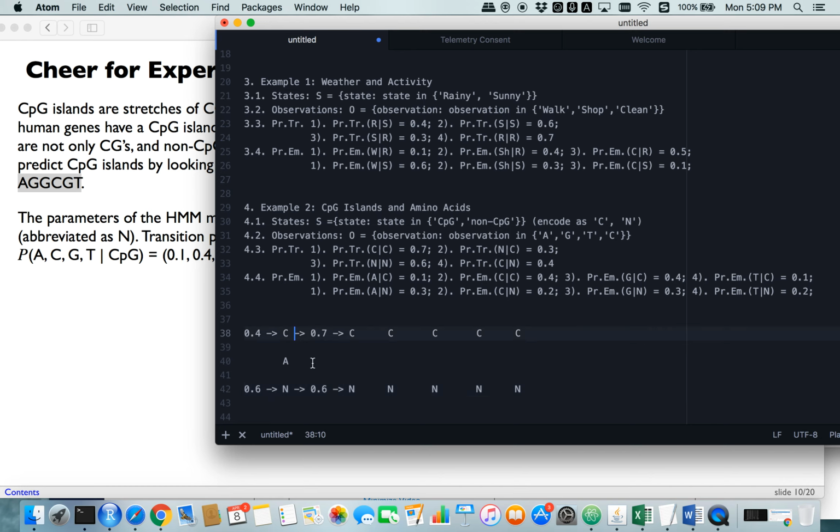There are also chances that it might change from a CPG island to a non-CPG island with the probability 0.3 here.